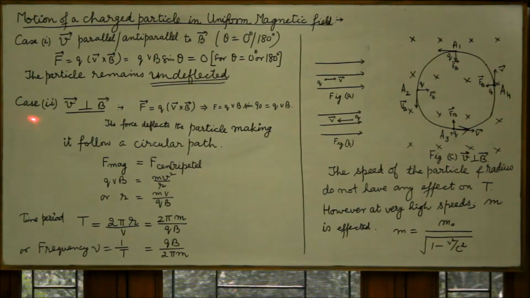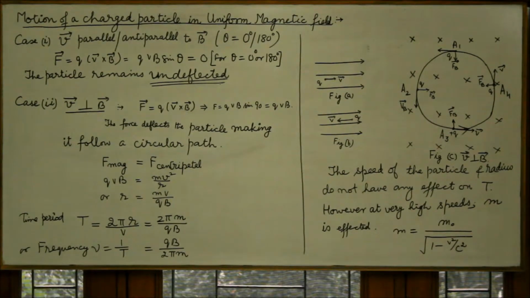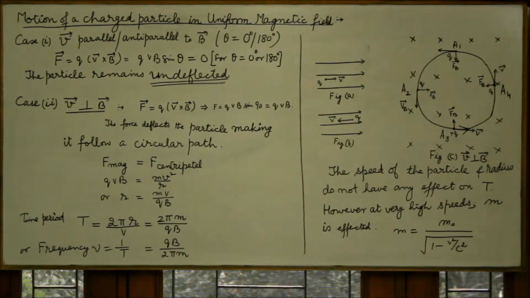Now coming to case 2, V perpendicular to B, that is a charged particle moving in a plane normal to the field. The case is depicted here in this figure C, V perpendicular to B. These crosses by convention represent a uniform magnetic field directed into the plane of the board, and we have a positively charged particle, plus q is the charge on the particle, moving in this direction at A1.